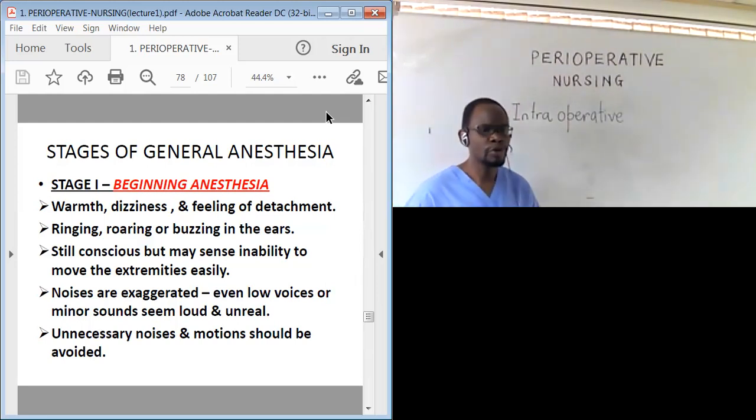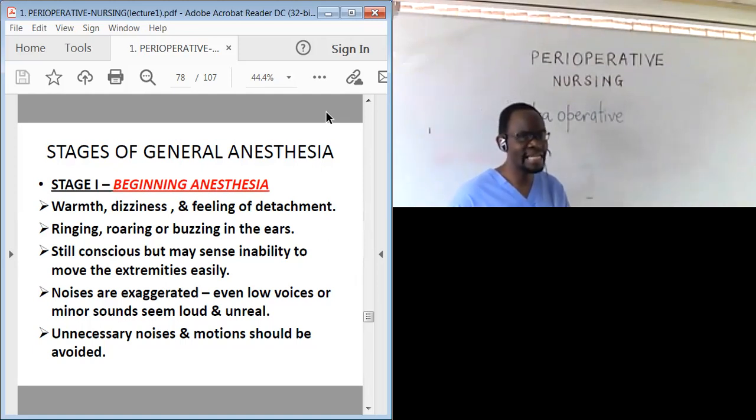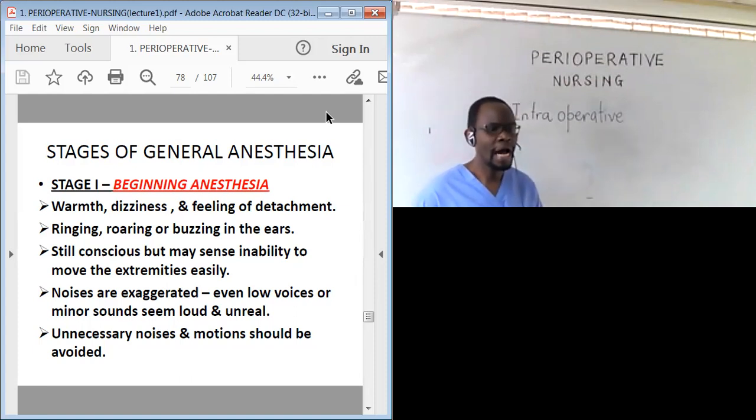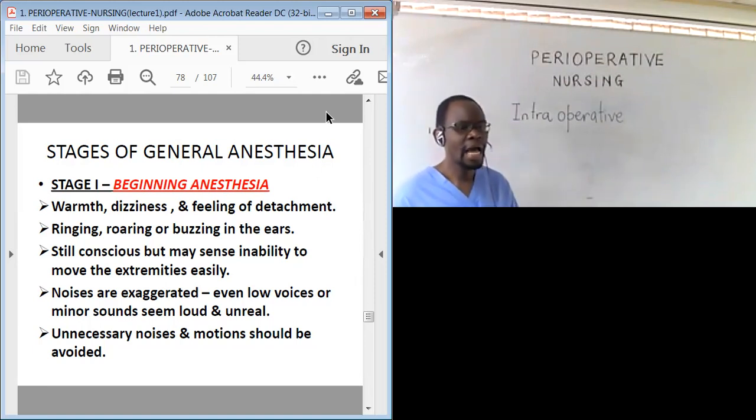We will cover these in your pharmacology. The patient is still conscious but may sense inability to move the extremities. Noises are exaggerated, even low voices or minor sounds seem louder and unreal, so unnecessary noises should be avoided.